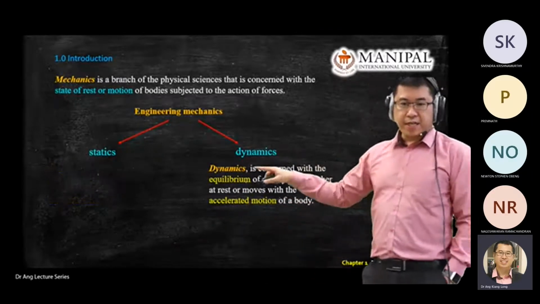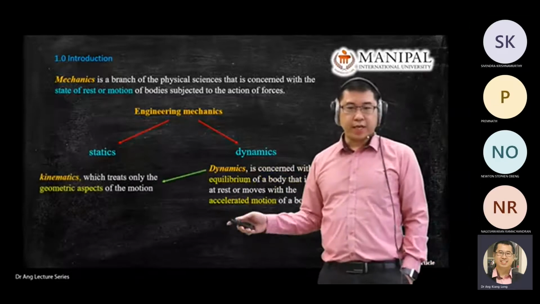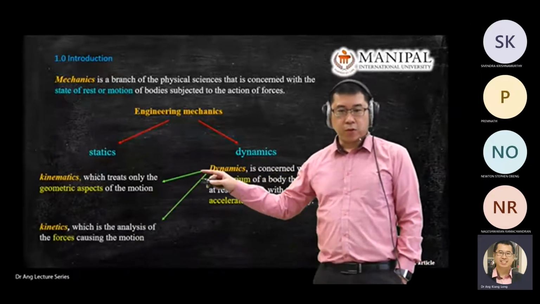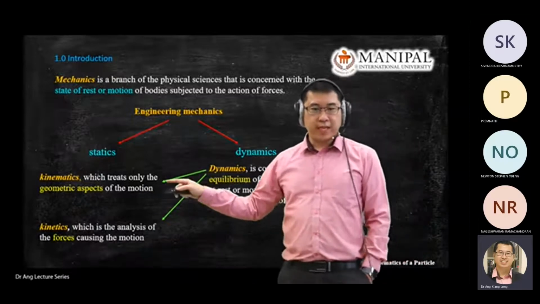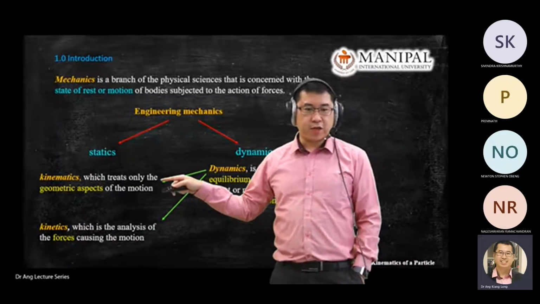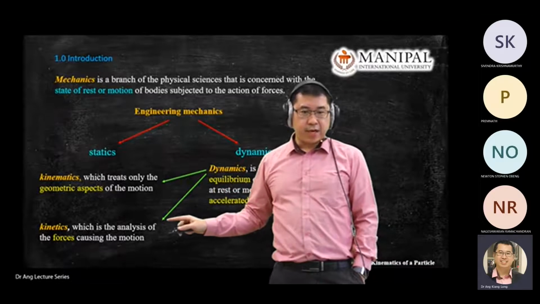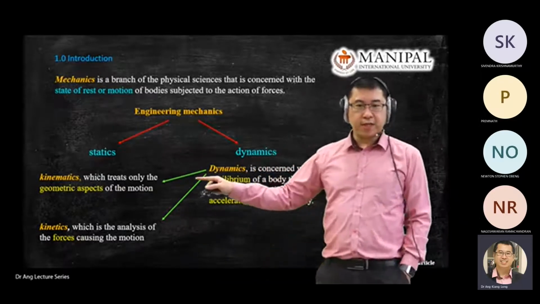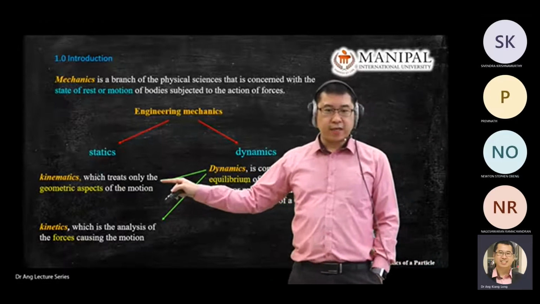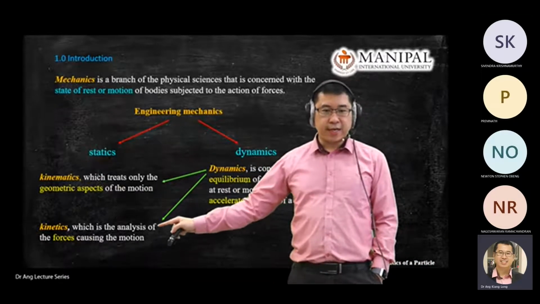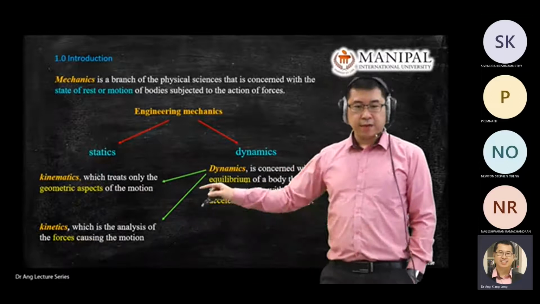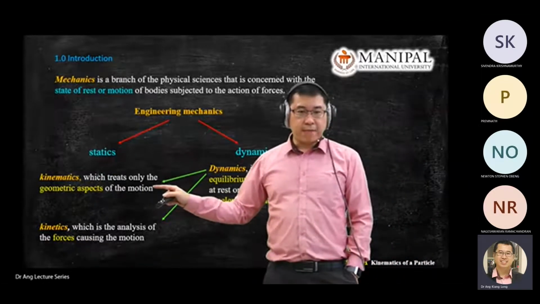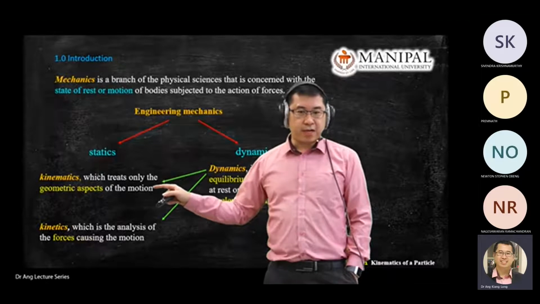Now, inside dynamics, we look at 2 more components, with 2 words that are quite similar. The first one is called kinematics, another one is called kinetics. Look carefully at the spelling of the words kinematics and kinetics. In kinematics, we will study the geometric aspect of the motion.